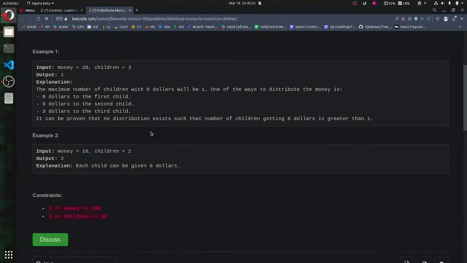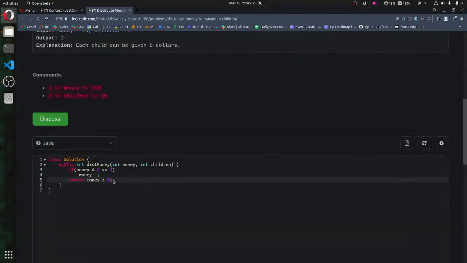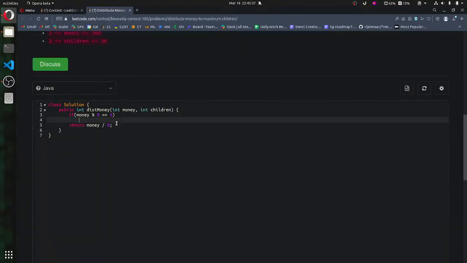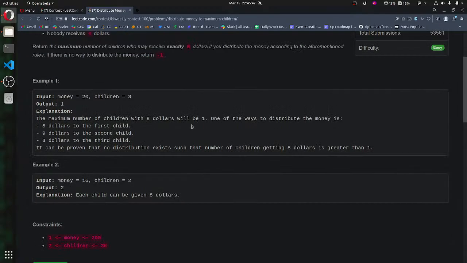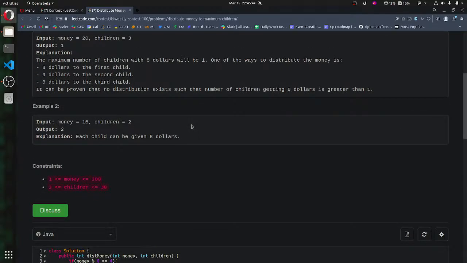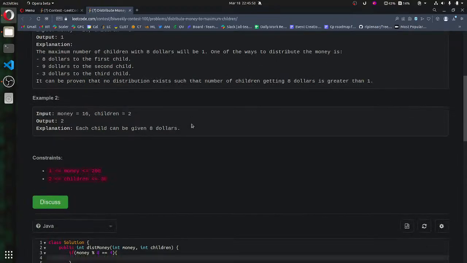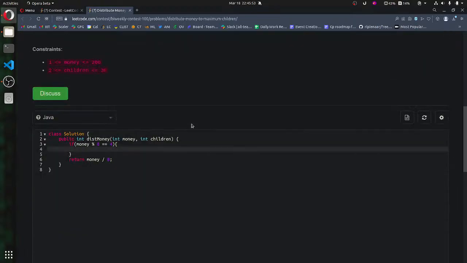Okay, it would not be money minus minus. So this case we need to handle explicitly. Okay, so the number of children are also 3.